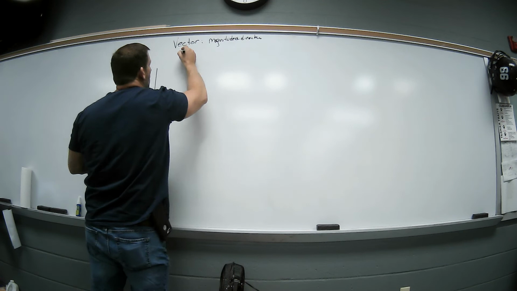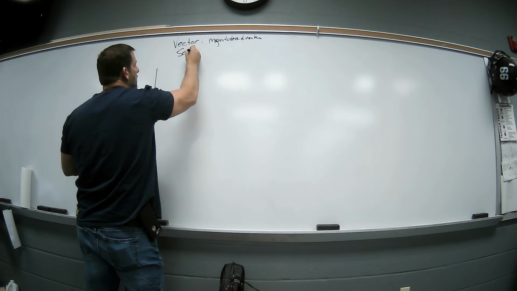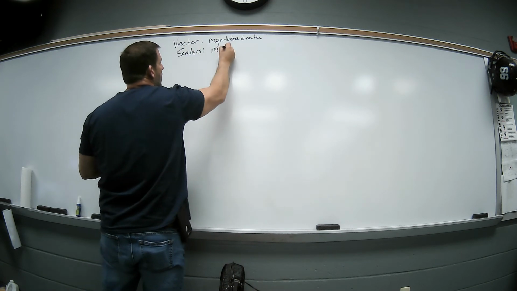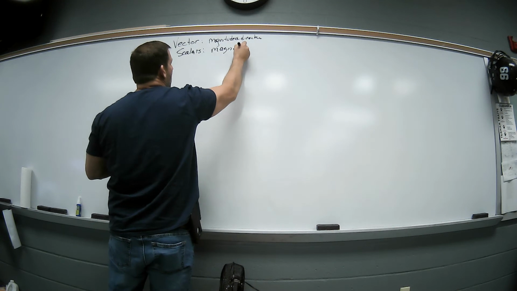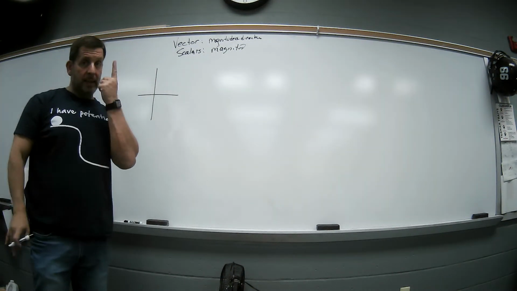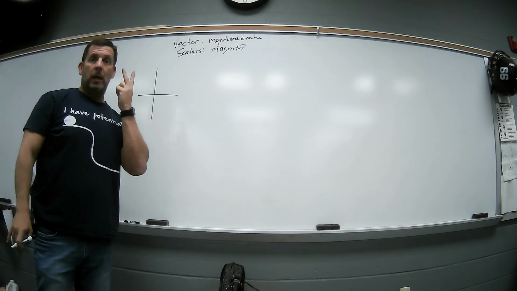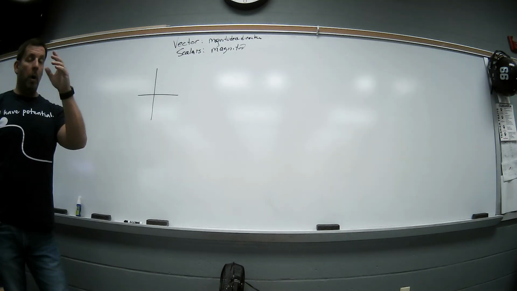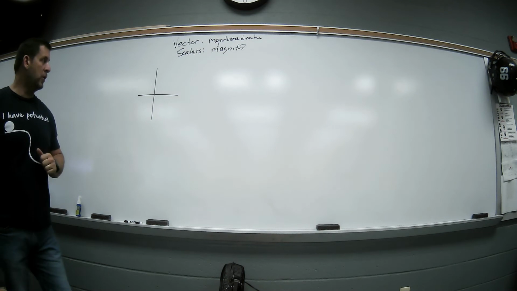All right? Scalar quantities, scalars, have magnitude only, and they don't have direction. We're going to see that velocity, acceleration, force, all are vectors, so they require both magnitude and direction, all right?